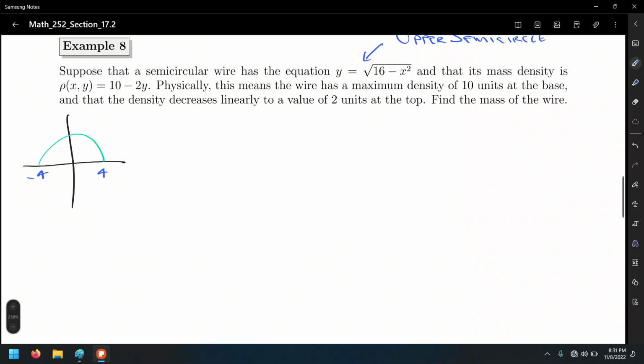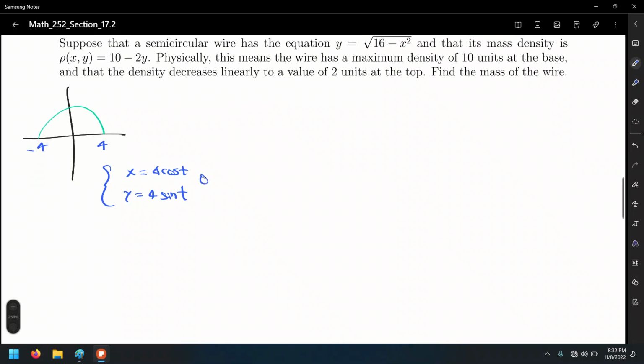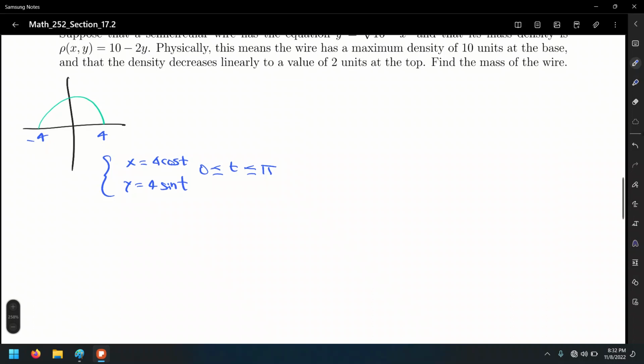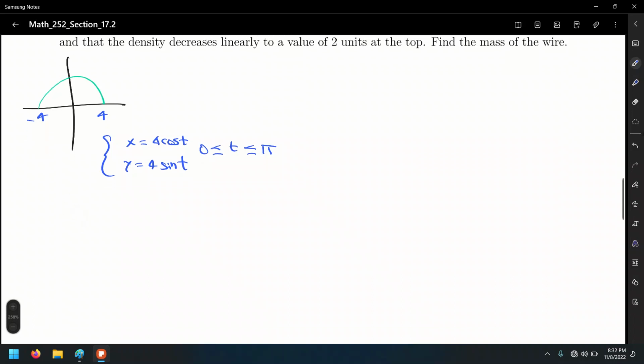The equations will be x equals 4 cosine t and y equals 4 sine t. Because we're not covering the entire circle, we're just going to go from 0 to pi. Otherwise, if we had both the upper and lower semicircle, we would have gone from 0 to 2 pi.